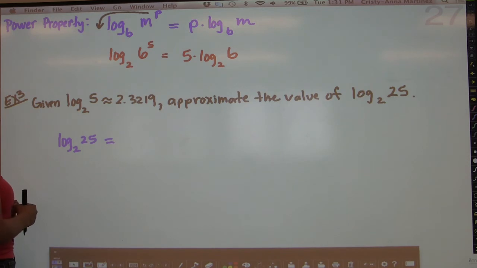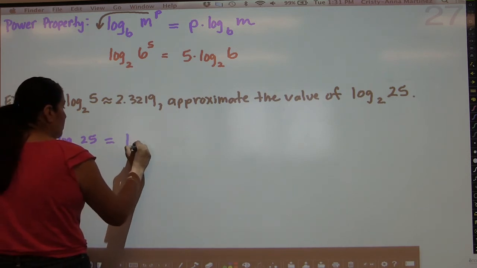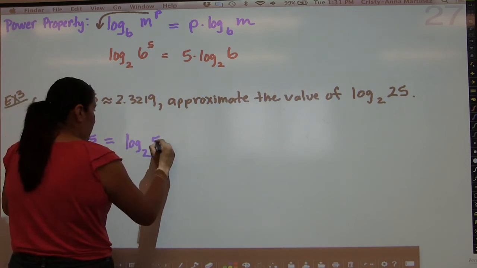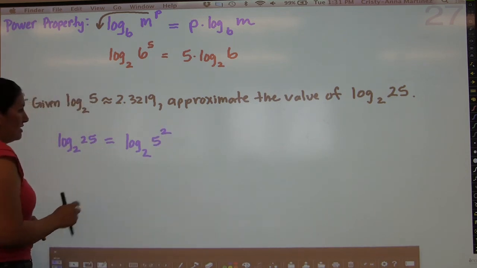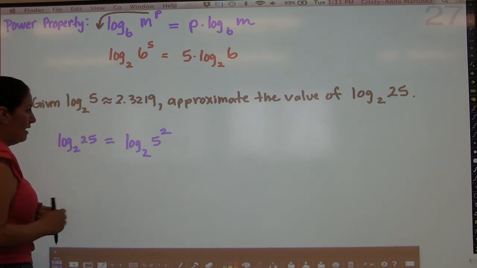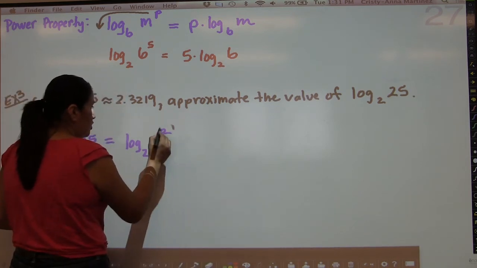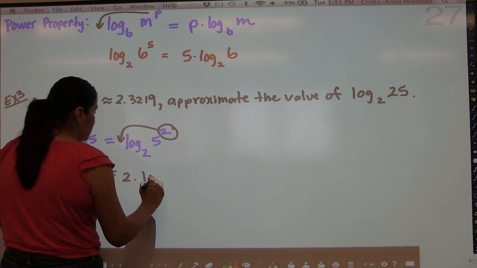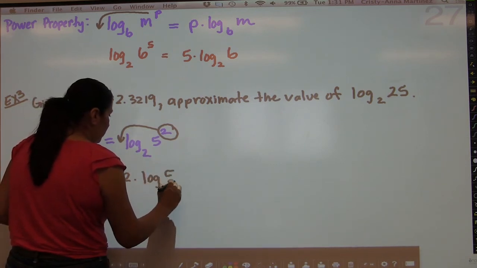Well, lucky for us, 25 is 5 squared. So we can write this as log base 2 of, instead of 25, 5 squared. And now it's in the form of this power property. And so the 2 will go in front and it will become 2 times log base 2 of 5, like that.